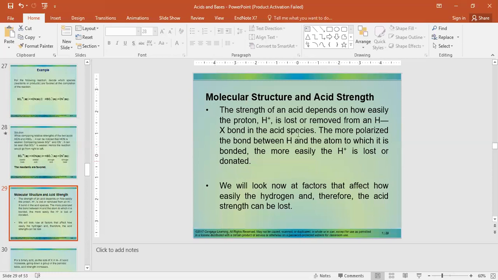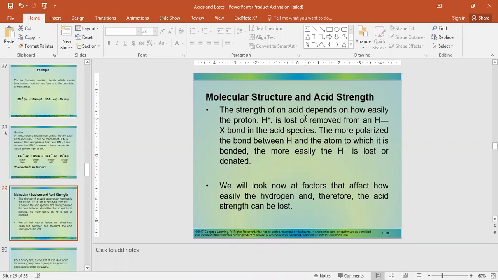That's why we say that the strength of an acid depends on how easily the proton is lost or removed from the bond in the acid species. The more polarized the bond between hydrogen and the atom to which it is bonded, the more easily the hydrogen ion is lost.